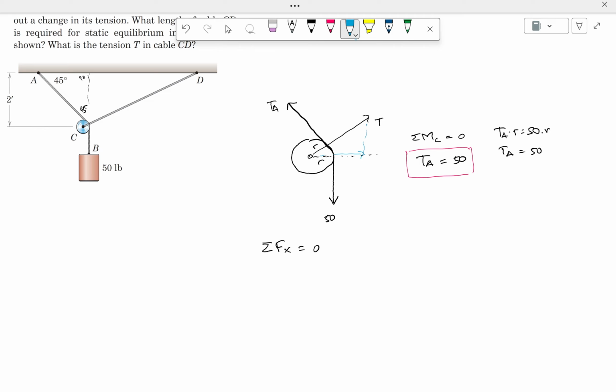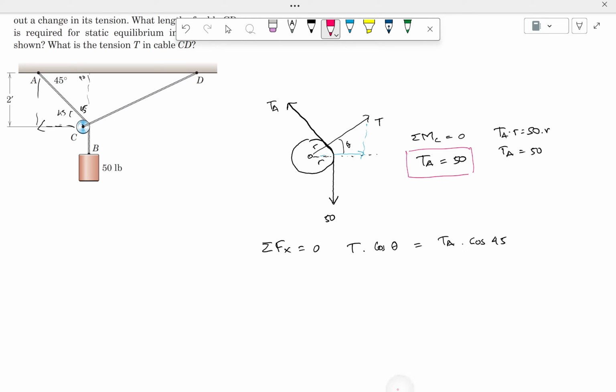So T cos theta, this is the theta, which I don't know what it is, equals TA cos 45, because this is 45, 45. This is also 45.